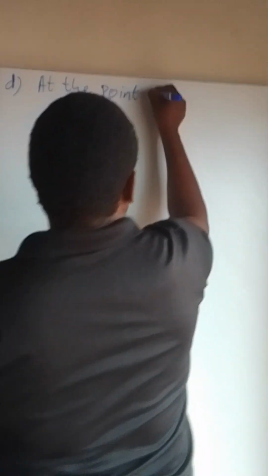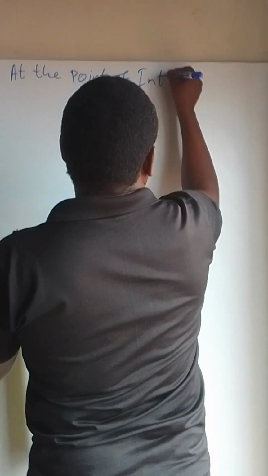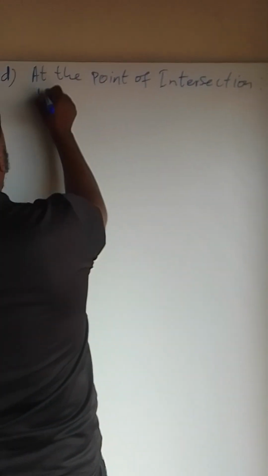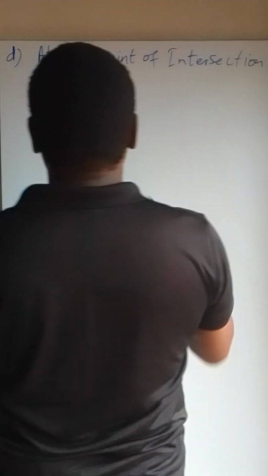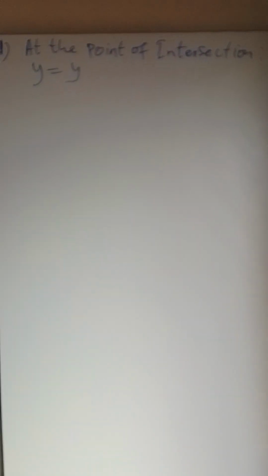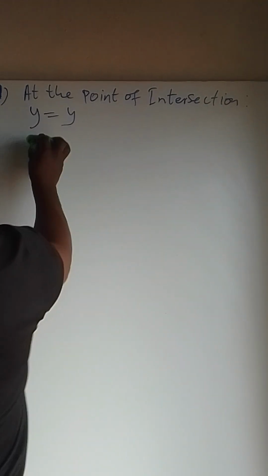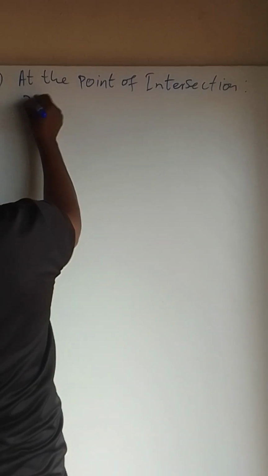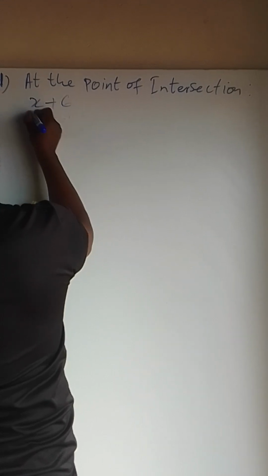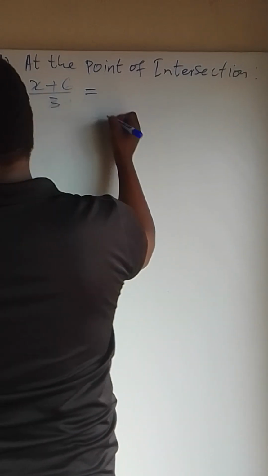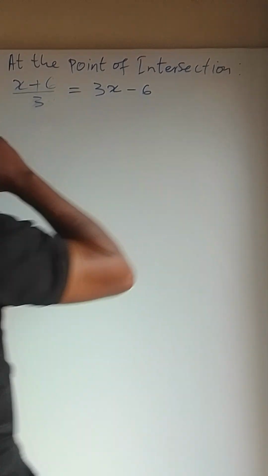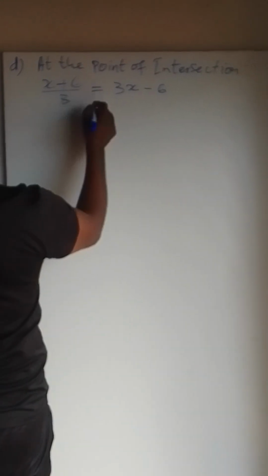At the point of intersection, the following applies: y is common. That means (x plus 6) over 3 must be equal to 3x minus 6.